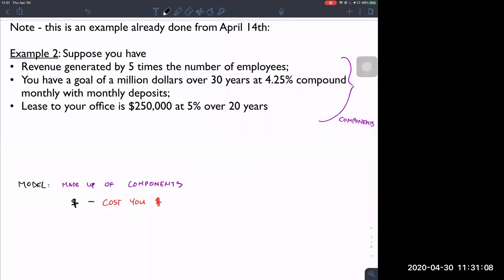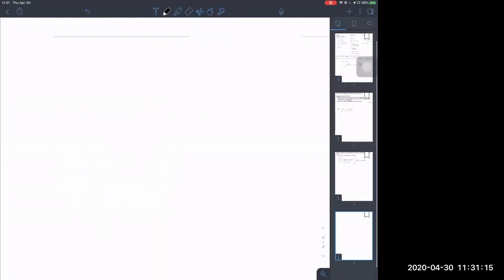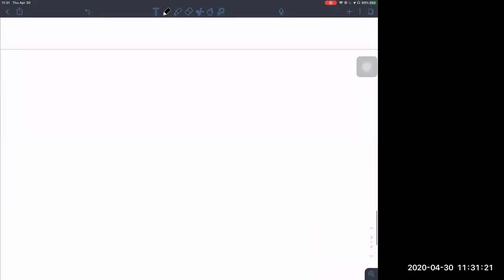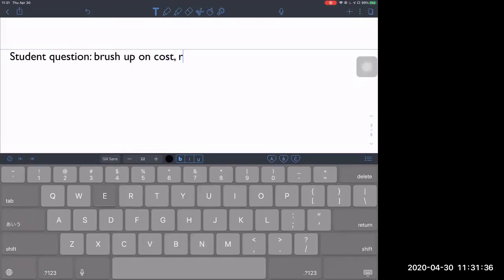Okay, so I'll leave this open space here when you look at this PDF, just in case you want to practice it. So for cost, revenue, profit, I'm just going to grab a problem from the textbook. Whoever that was, thank you for answering. The first question was, student question, brush up on cost, revenue, profit.